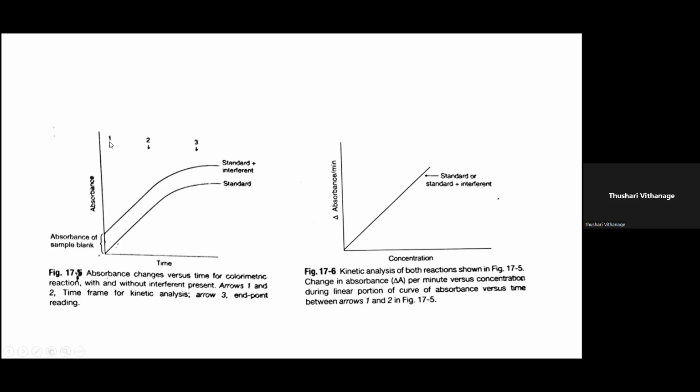At points 1 and 2, you can see time versus absorbance is linear, but at point 3, it's not linear. Here we can see the concentration versus delta absorbance. Here both standard alone and standard with interference go through the origin.